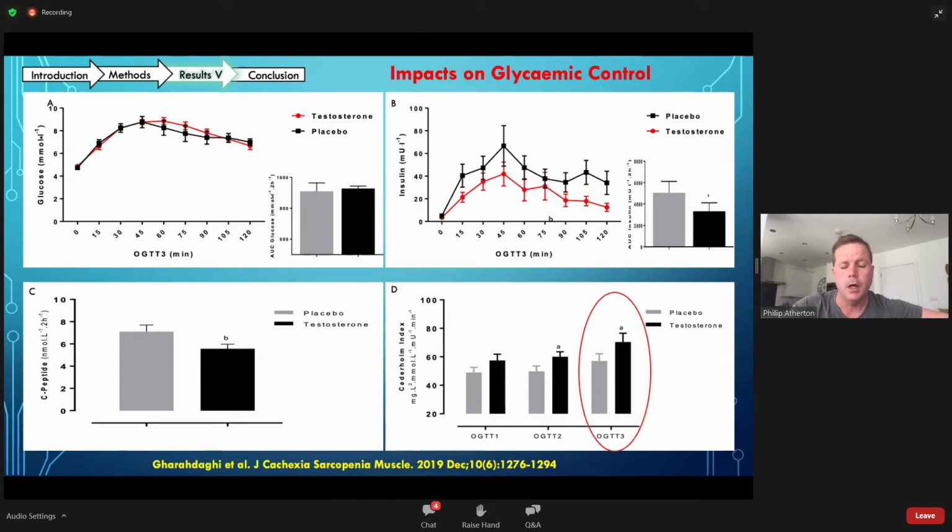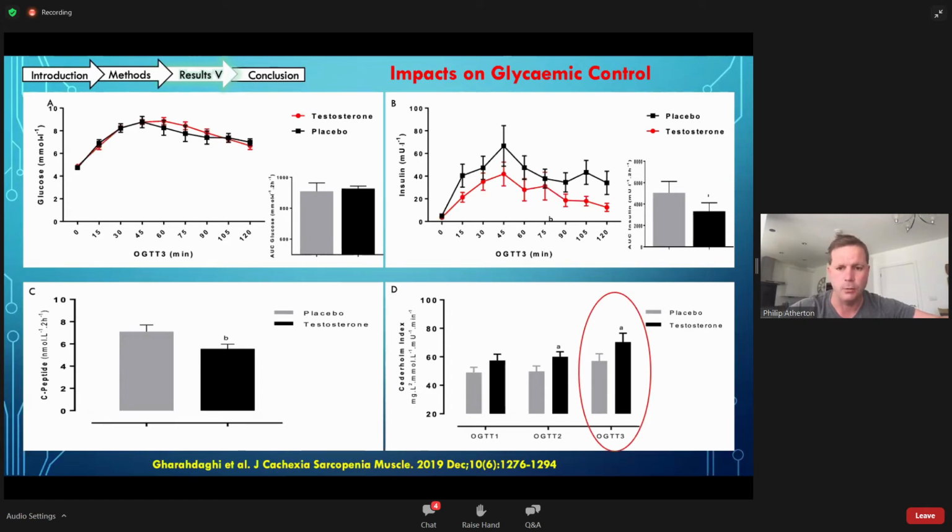Using equations to look at proxies of insulin sensitivity, you can see the C-home index on the right in D. This is taking certain samples from early on in the OGTT phase, whereby you can calculate insulin sensitivity proxies.